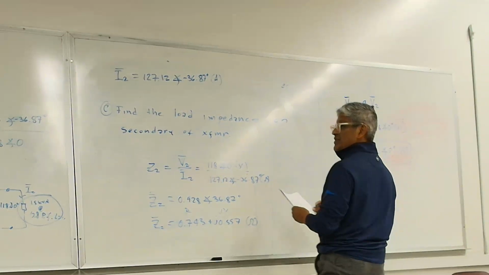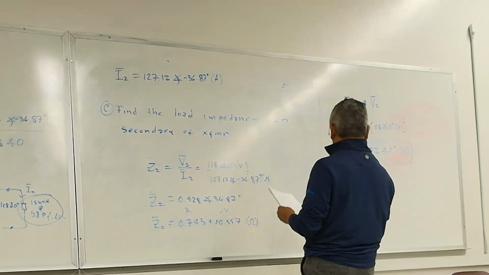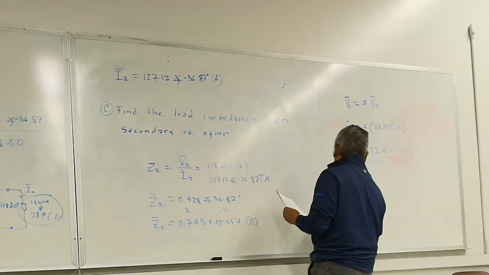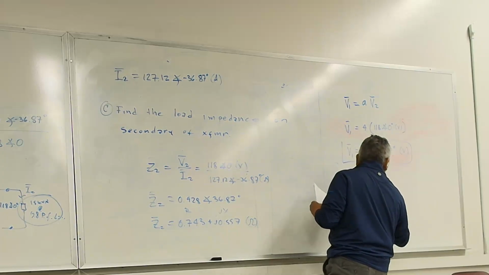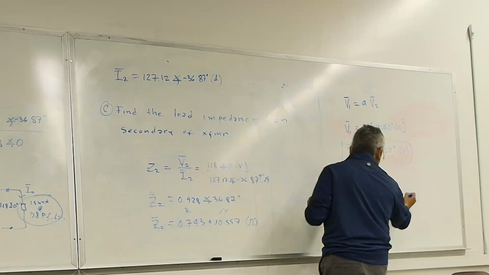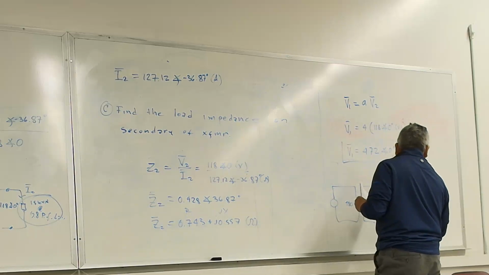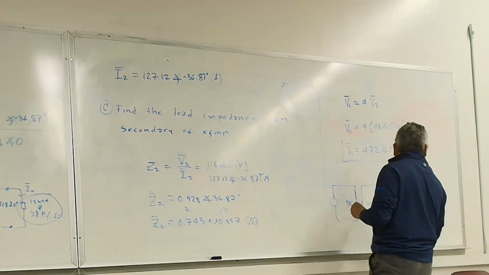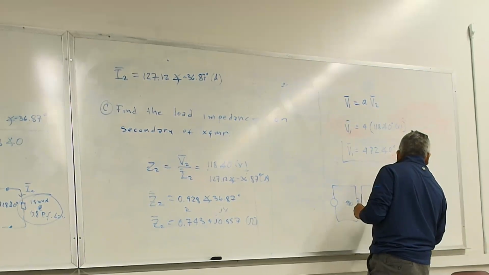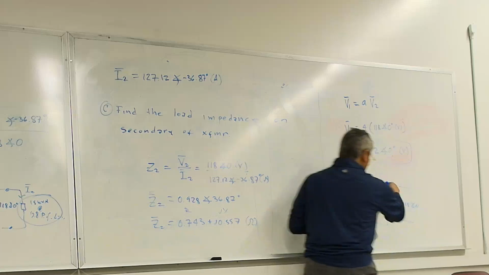What was this transformer ratio? 480 to 120, right? So this is 480 to 120. Then we said the voltage across here is actually 118 angle 0. So that's the voltage across the load.